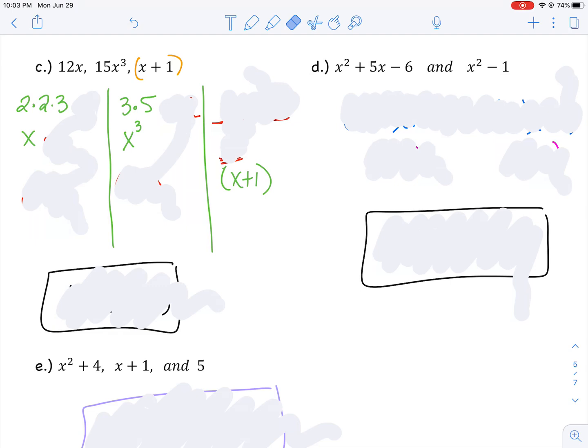So we need to figure out what we need to multiply by each piece so they all have the same factors. Now, let's see. The first one has 2's and a 3, but what number is it missing that the other ones have? It looks like it's missing a 5, isn't it? So I need to make sure that I multiply it by 5. It's also missing a couple x's.